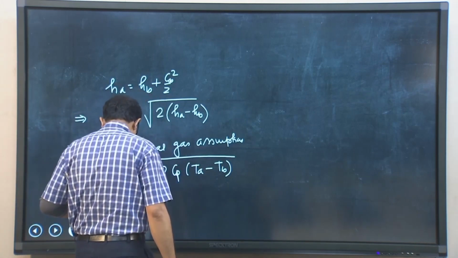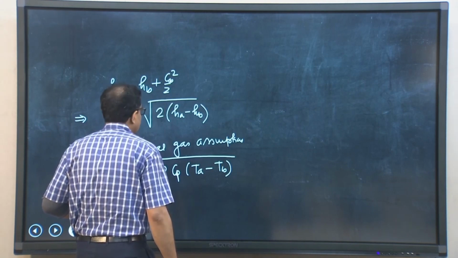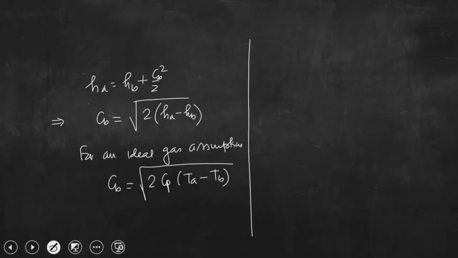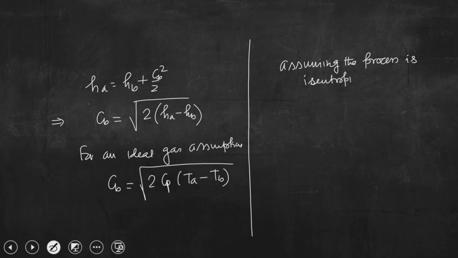Okay. So, for this isentropic expansion, here we can write, assuming the process is isentropic between sections A and BB.